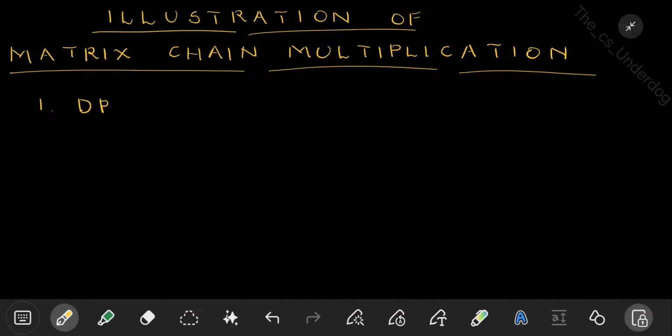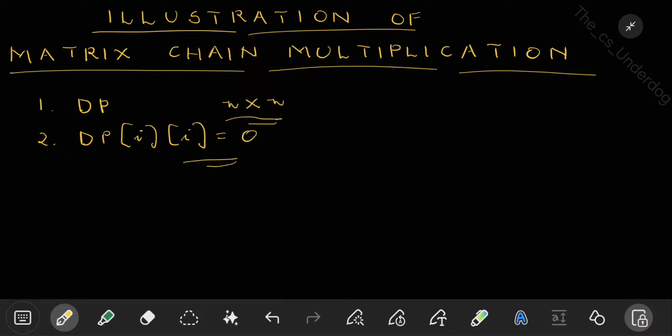So we'll need a table of size n by n, where n is the number of matrices you want to multiply. In this DP table, what will you do? You should have a base case. Our base case is DP of i, i equal to 0.